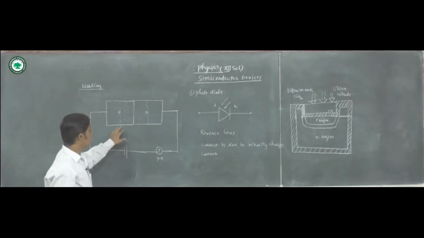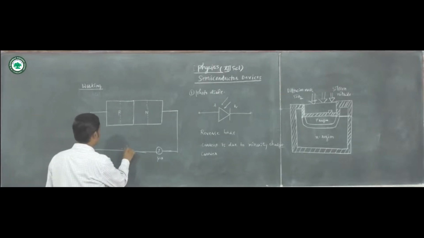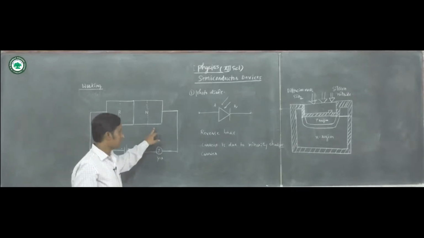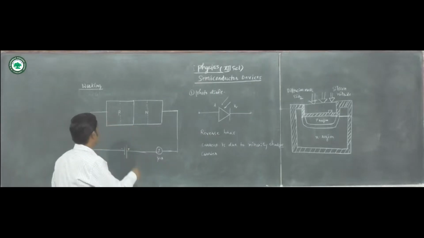When this PN junction is connected to the battery, with the negative connected to the P region and the positive connected to the N-type semiconductor, a depletion layer forms.